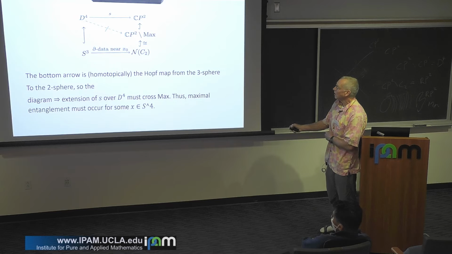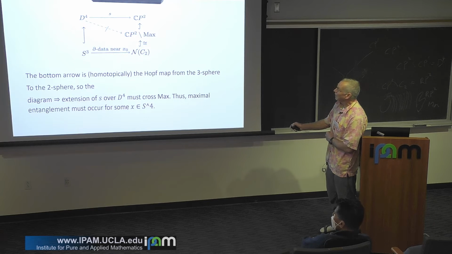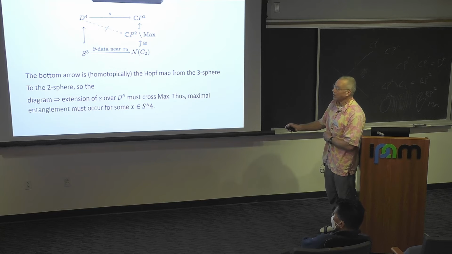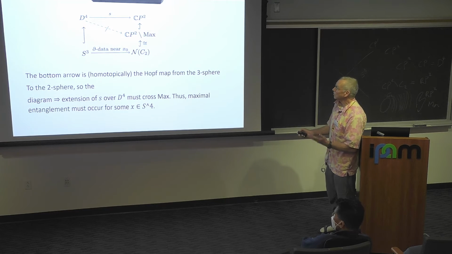So this is the non-zero element of pi3 of S2, and the extension of the section over the northern hemisphere cannot possibly factor into this neighborhood, because that would contract the non-trivial map into essentially the two-sphere. The map into the two-sphere is essential.